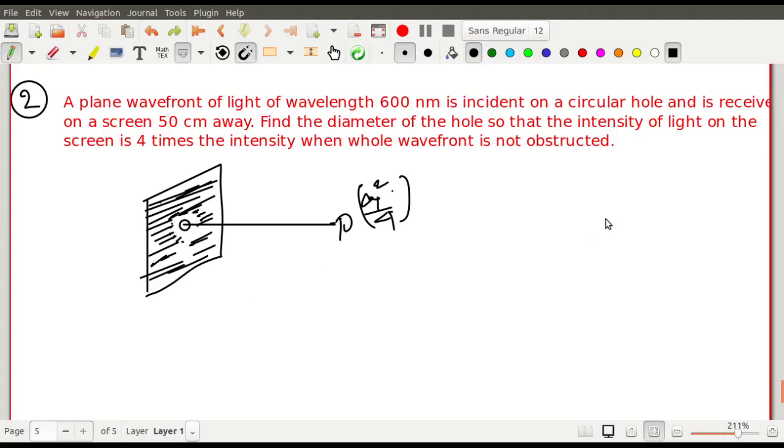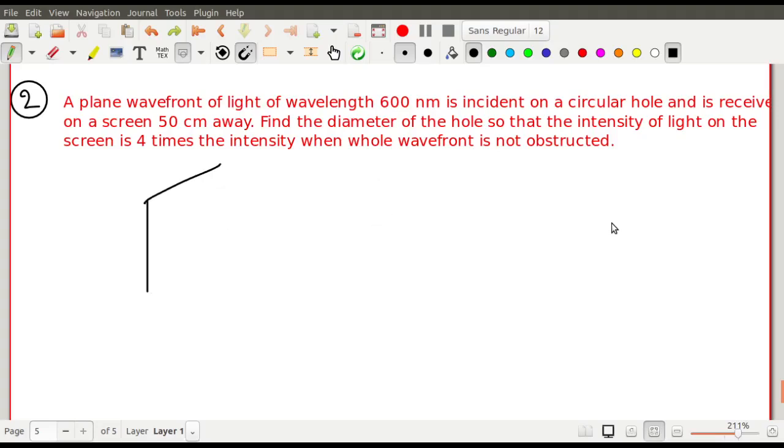Okay, so what does the problem say here? It says you blocked everything and you just expose one zone such that the intensity becomes 4 times. So 4 times the intensity means only one half period zone is allowed.